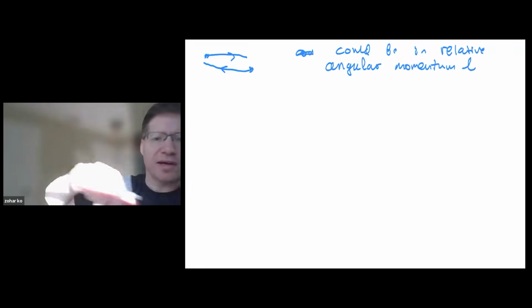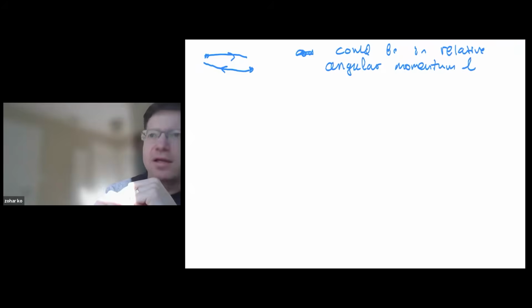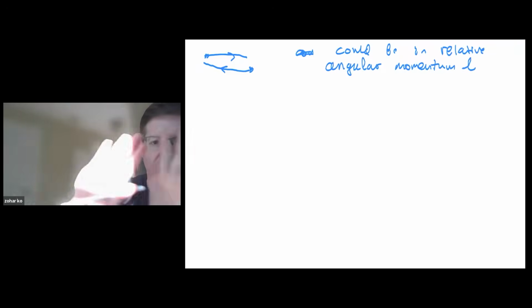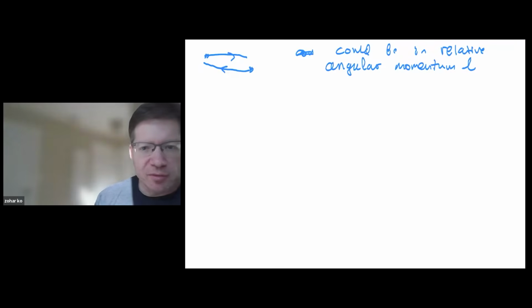If the angular momentum is very large, they will almost never interact because of the centrifugal force that will just push them from each other. And then they will never interact. So it's very clear that the type of potential that we chose leads to very small interactions for high angular momentum, relative angular momentum particles.